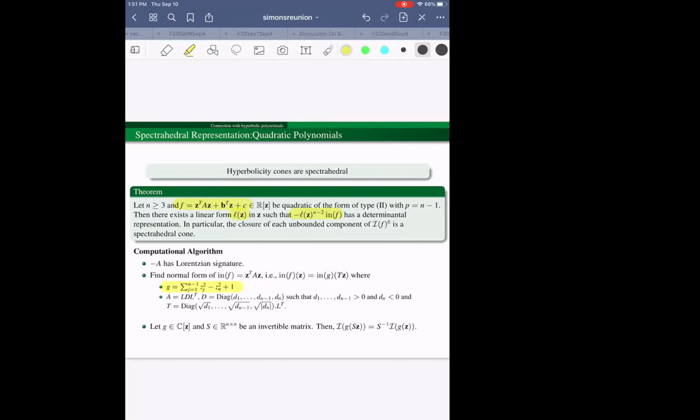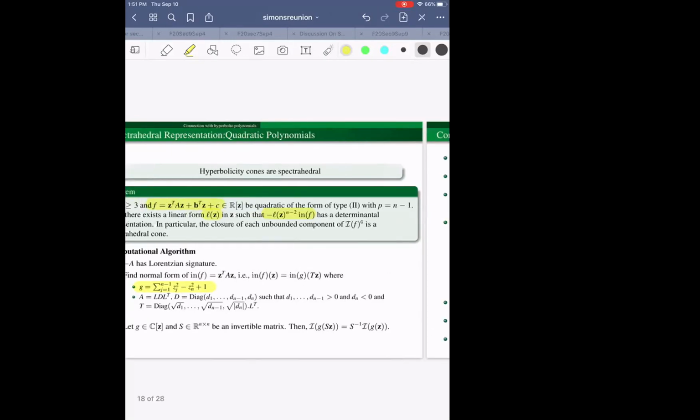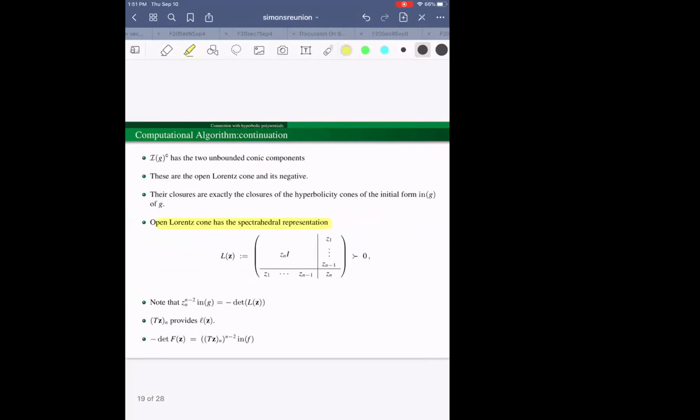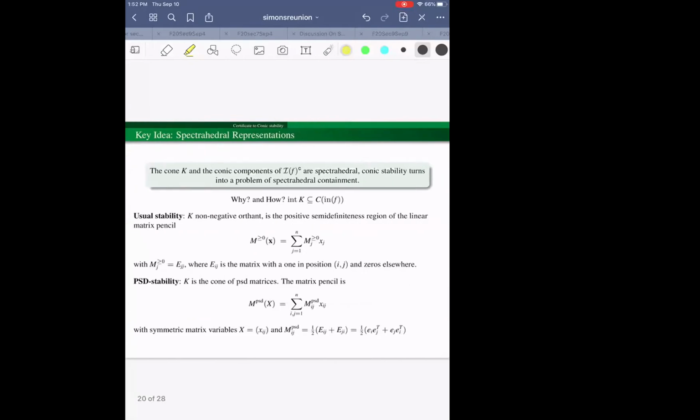Then we use this classification and find the imaginary projection of F, which has two unbounded conic components, the open Lorentz cone and its negative. Also, knowing that they have a spectrahedral representation, we can generate this linear form L. Here, it gives us one key idea that leads to the main result of this paper.